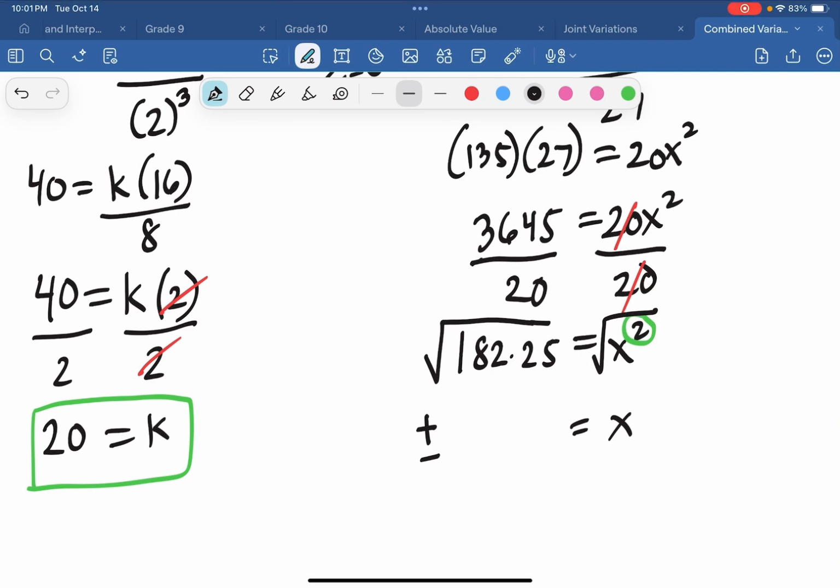Now the square root of 182.25 is 13.5. And here are our answers: positive and negative 13.5.